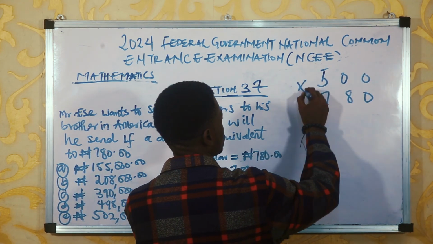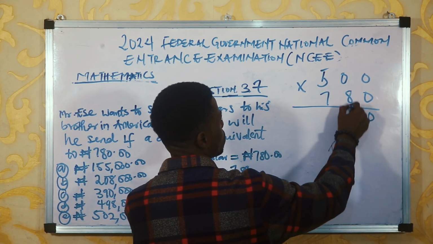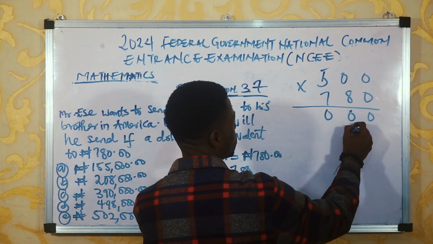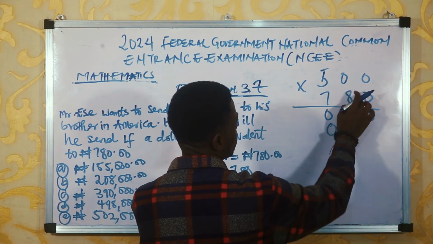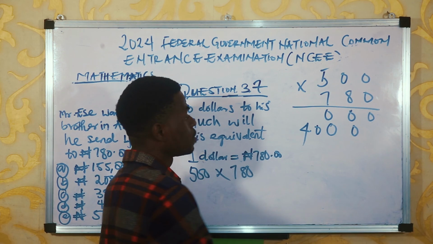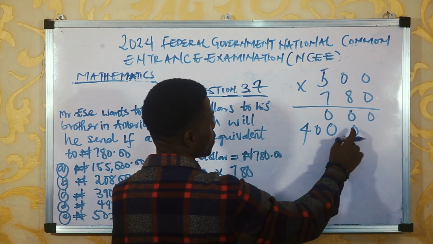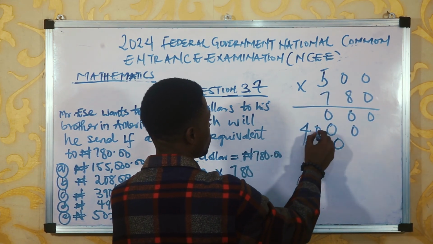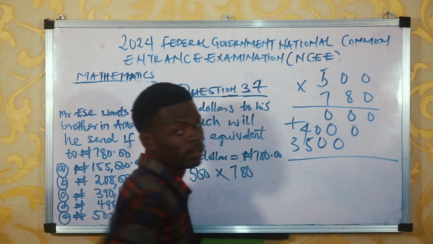0 multiplied by 0 gives us 0. 8 times 0 gives us 0. 8 times 0 gives us 0. Then 8 times 5 will give us 40. Take note of that. Then 7 times 0 gives us 0, 7 times 0 gives us 0, and 7 times 5 gives us 35. So let's add everything together.